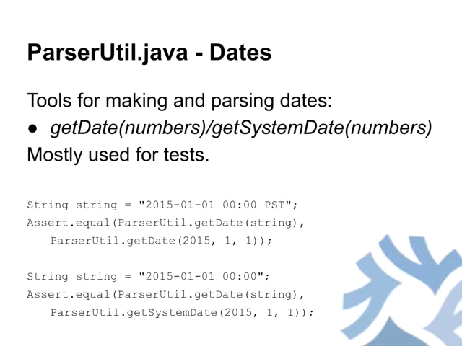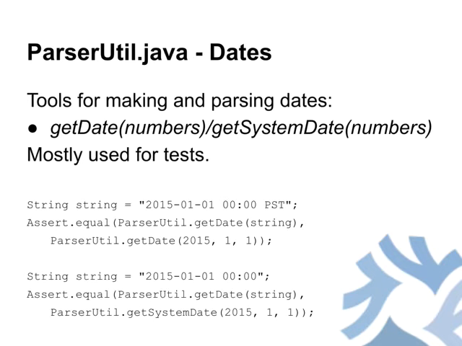The first tool that I want to talk about is getDate/getSystemDate. Later on you'll find that you can pass in a string and call the method getDate, and it will get you a date object. What's complicated about this is that if the time zone is specified, then you may find issues where the parsed date may or may not include the time zone.